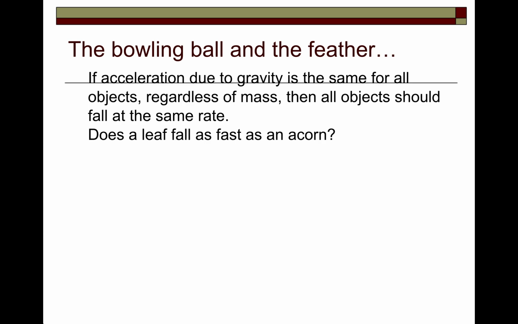The bowling ball and the feather fall the same. If acceleration due to gravity is the same for all objects regardless of mass, then all objects should fall at the same rate.